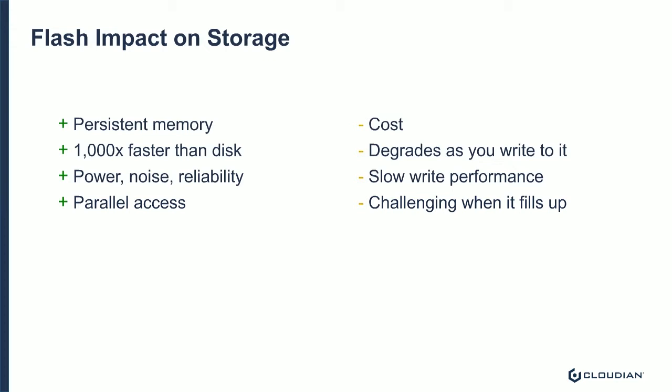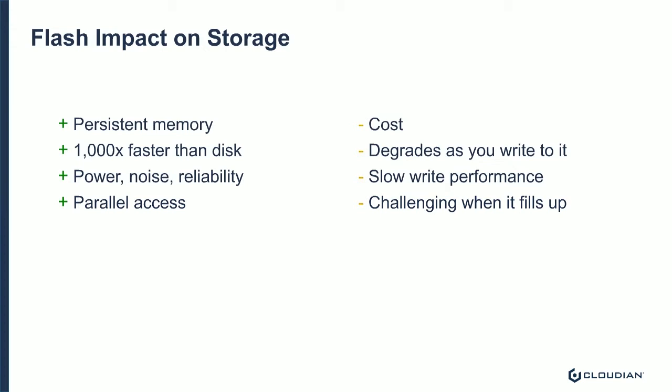On the negative side, obviously the cost is high, and unlike spinning media, we know that flash degrades as you write to it, right? If you look at how this media has evolved, it's just a matter of flipping a bit by passing some electric current.